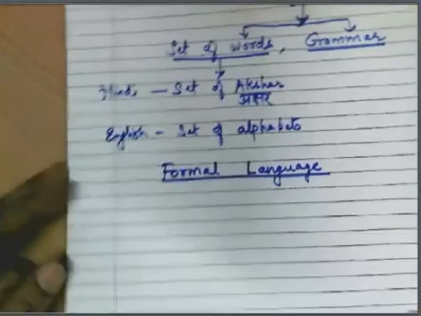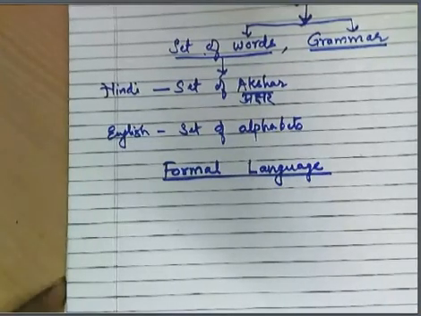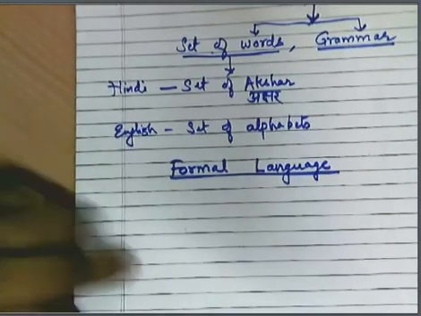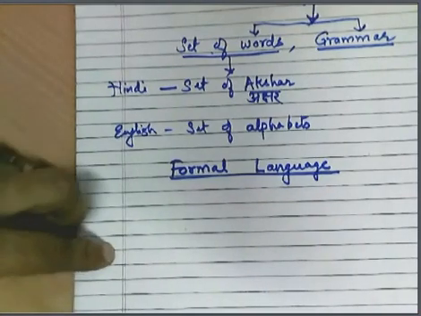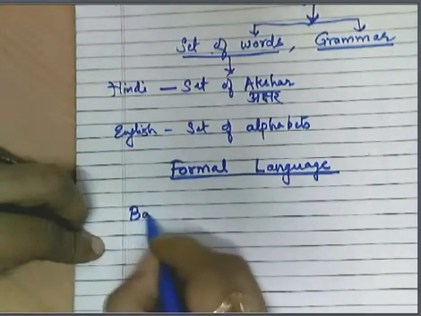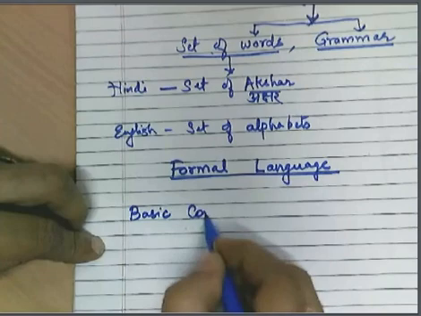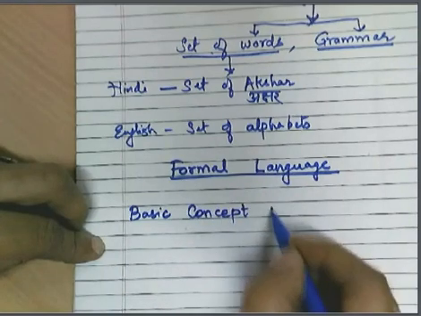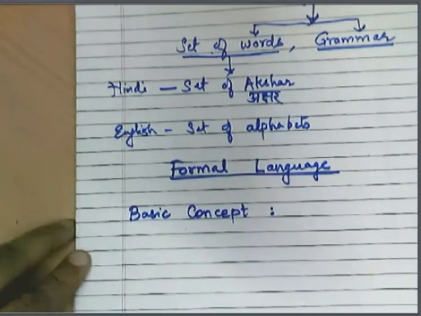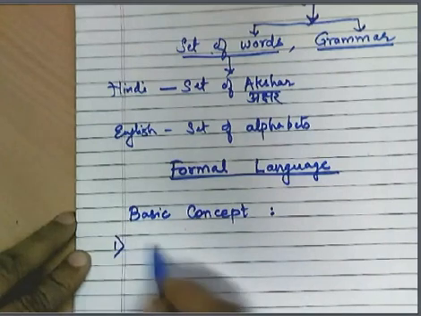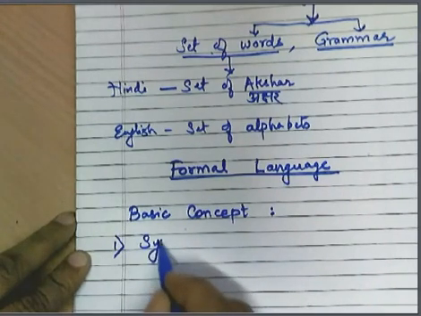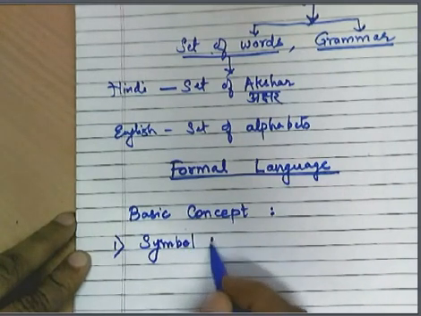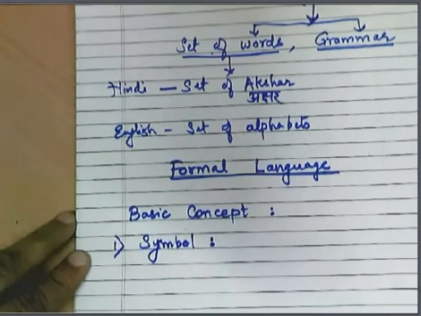Before defining a proper formal language, we need to understand some basic concepts. We need to define certain terminologies. The very first is the symbol. So what is a symbol?